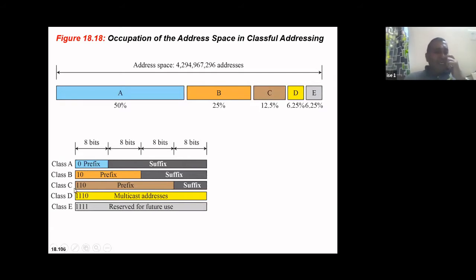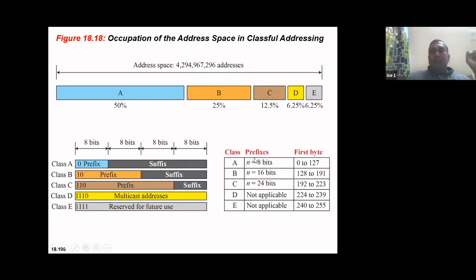And class C always starts with 110, and class D generally is a multicast address, and here it starts with 1110, and class E address starts with 4 ones, and it is reserved for future use. So far it has not been used. It is a total waste only. So total 8 bits means 2 to the power 7 means 0 to 127 addresses.